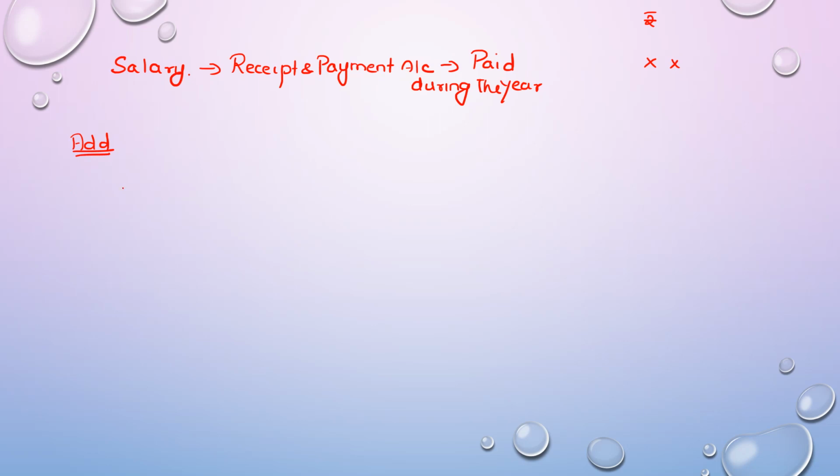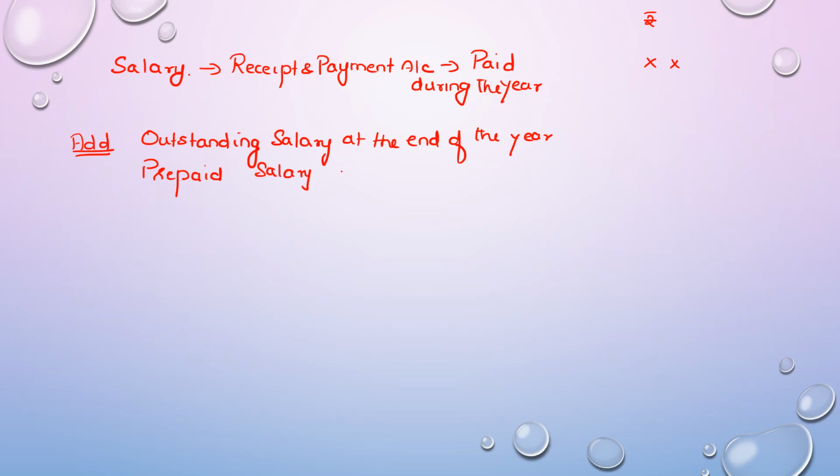The adjustments are nothing but certain figures are going to be added, certain figures are going to be subtracted. Now what do we add? There are two items that are normally added: the outstanding salary at the end of the year and the prepaid salary, if any, at the beginning of the year.